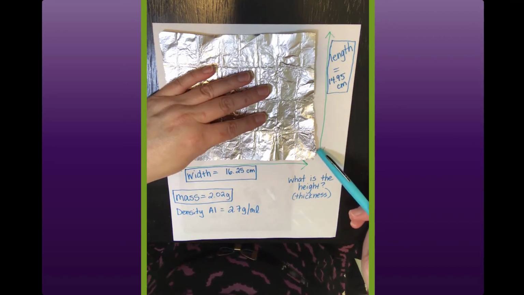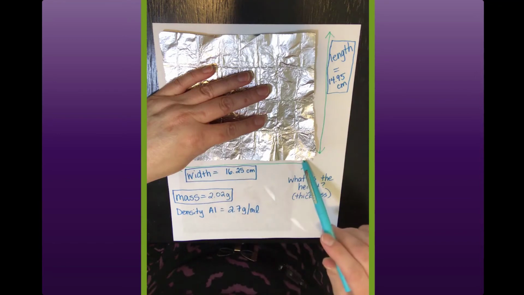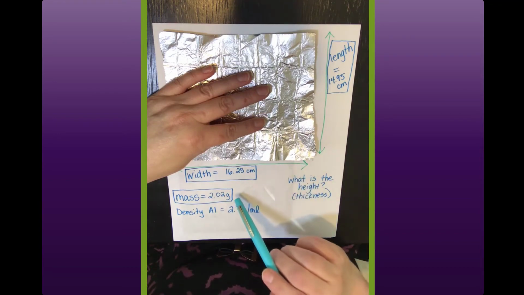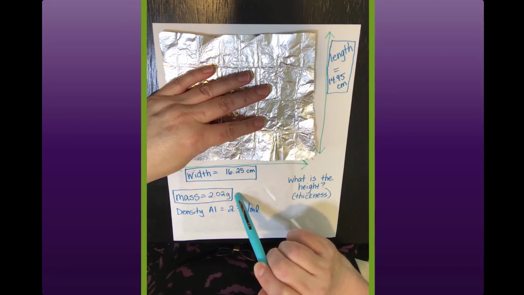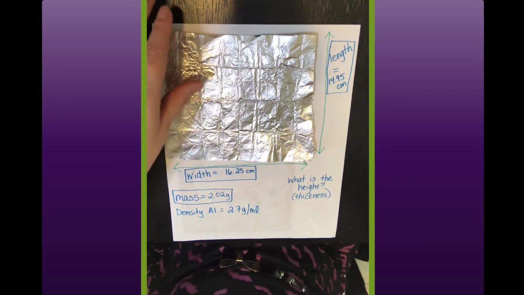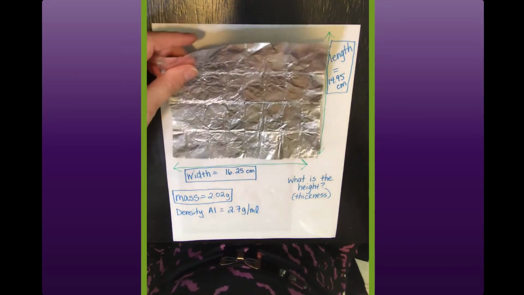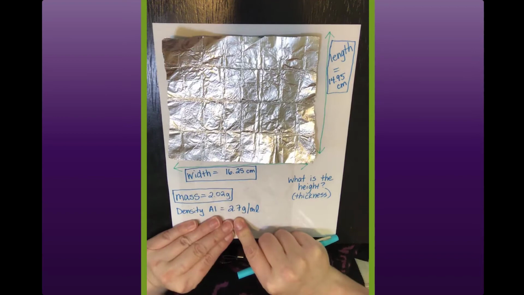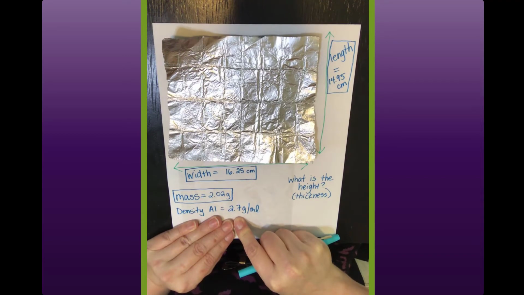We measured the length, we measured the width, and then we measured the mass using our balances. And the density of aluminum is 2.7 grams per milliliter. So I looked that up on the internet.